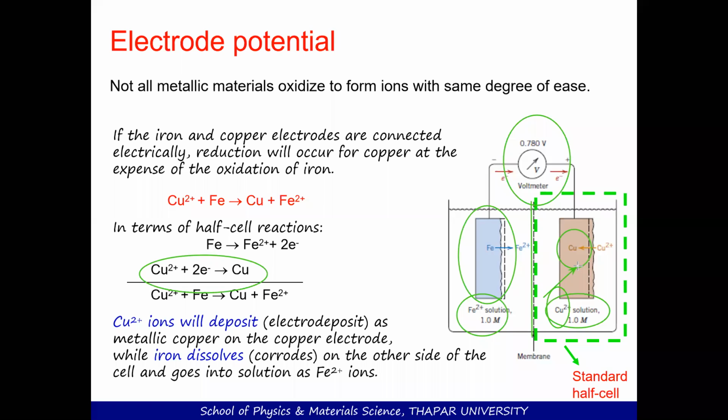Contradictory to this, at the iron side, iron from the plate liberates two electrons and gets converted into Fe2+. That means iron undergoes an oxidation reaction, because liberation of electrons is an oxidation reaction. So Fe gets converted into Fe2+ with liberation of two electrons.